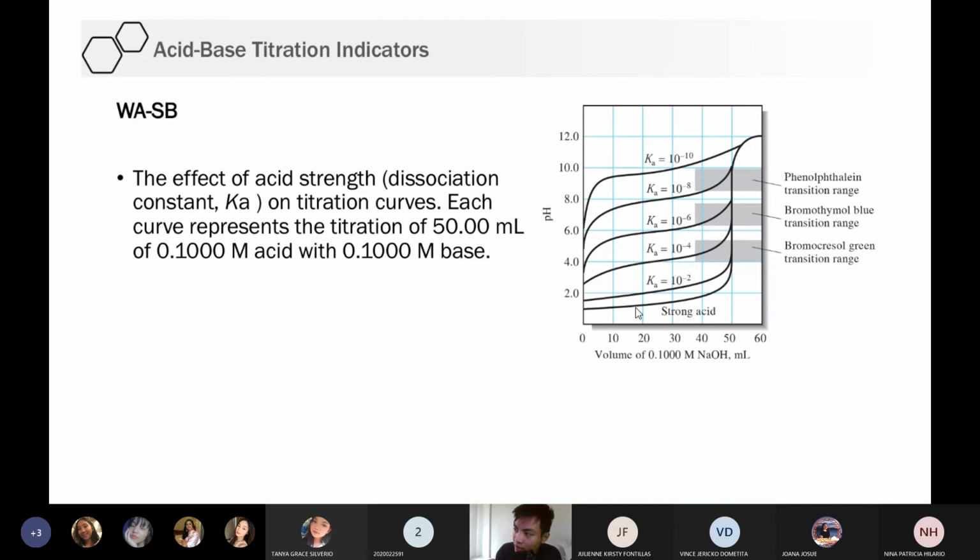Okay? So, makikita nyo sa graph na to, we have decreasing Ka values pala. So, mas bumababa Ka values natin, what happens to the inflection point? Mas lalong lumiliit, no? And the shorter the inflection point, that means limited na lang yung indicators na pwede mo gamitin. Basta dapat pasok dun sa inflection point yung color change, no?